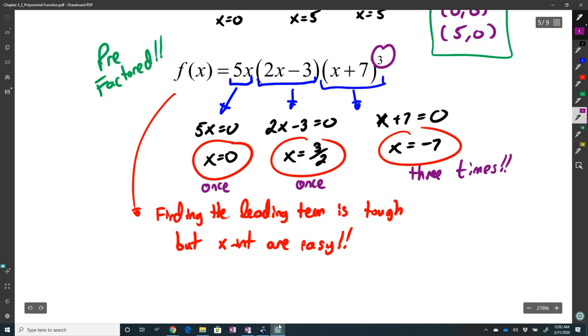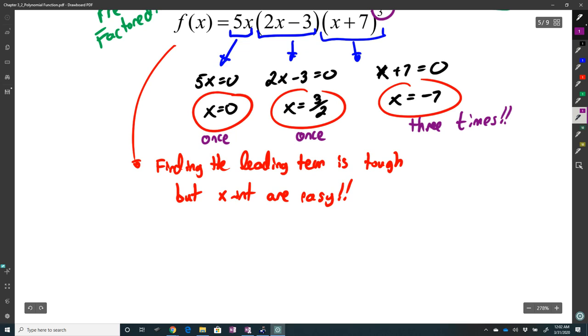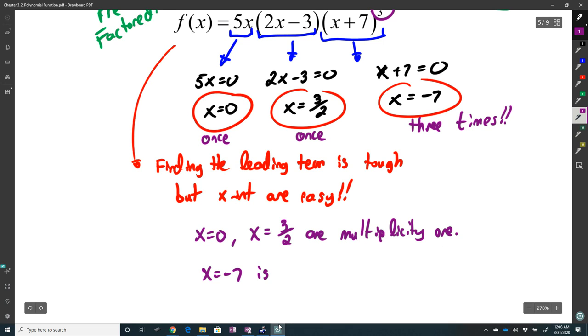This means that x equals 0 and x equals 3/2 are multiplicity 1. But x equals -7 is multiplicity 3.